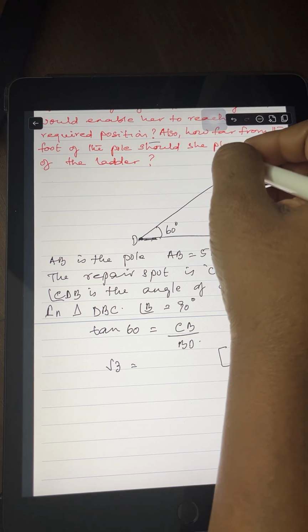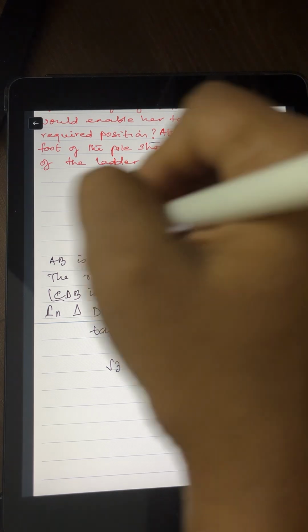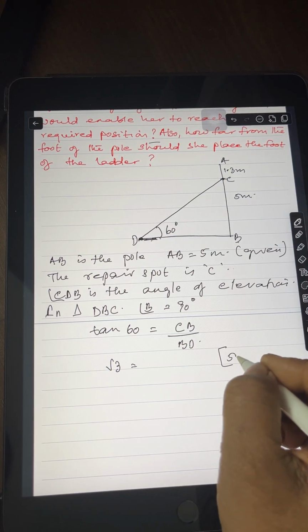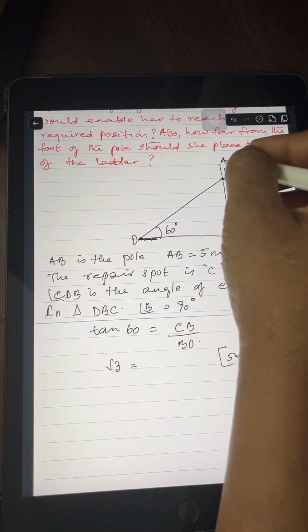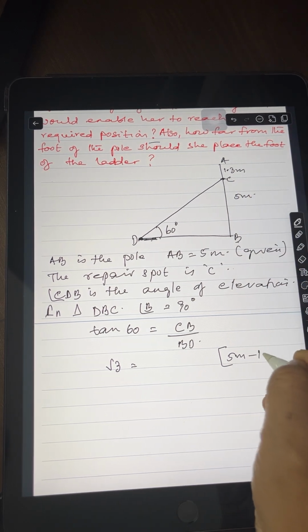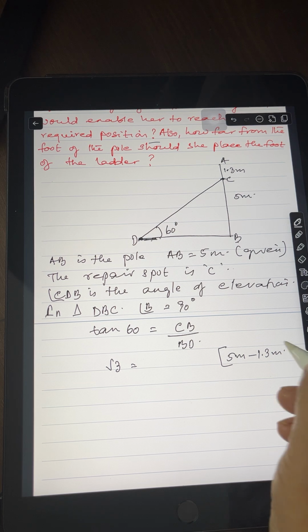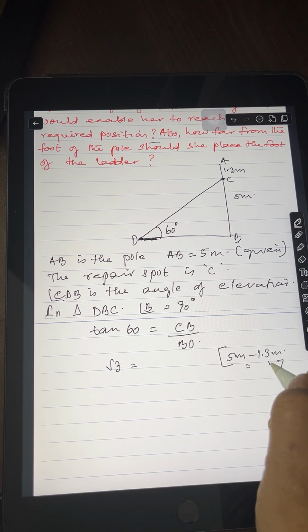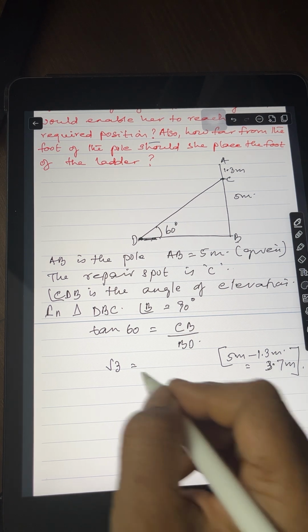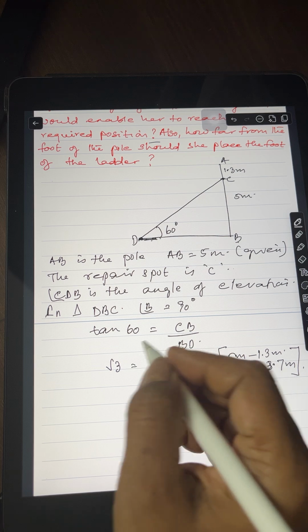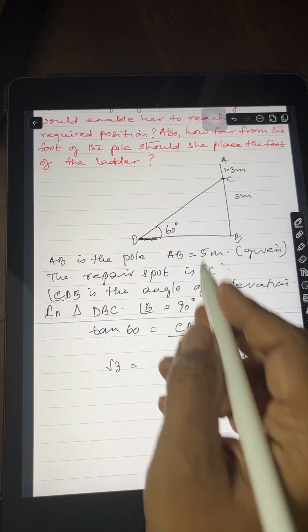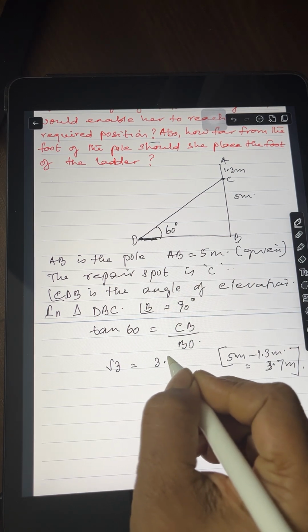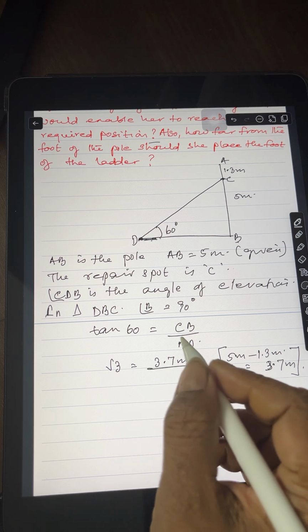this whole from A to B, it is 5 meter. So 5 meter minus 1.3 meter, you will get what? 3.7 meter. Root 3 is equal to CB will be 3.7 meter by BD.